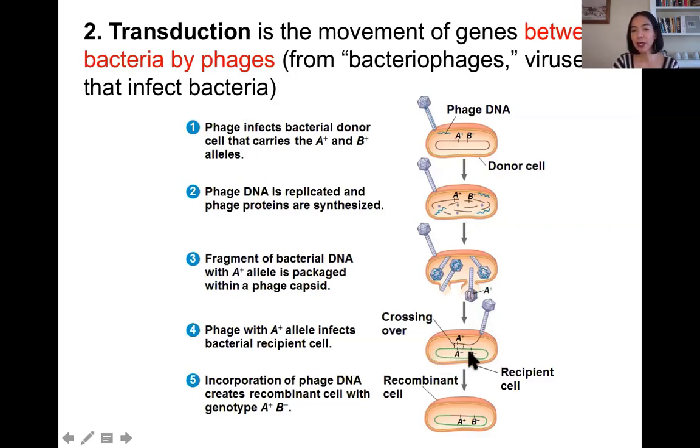And if you see, we have now this area that can recombine, or it can have crossing over, with this circular chromosome of the recipient cell. And now it will look like this, a recombinant chromosome, right, with a piece of the original bacteria over here.